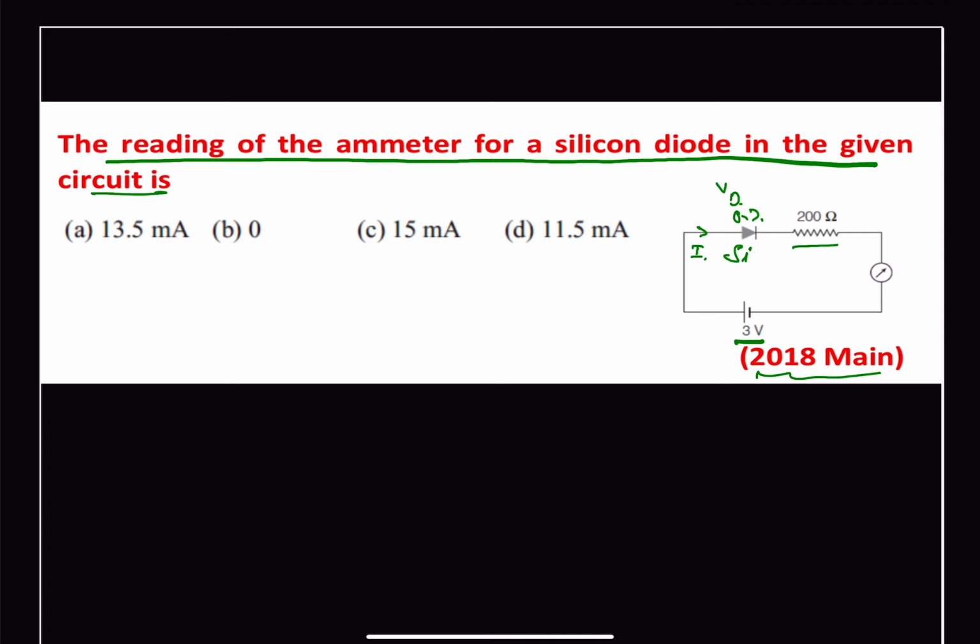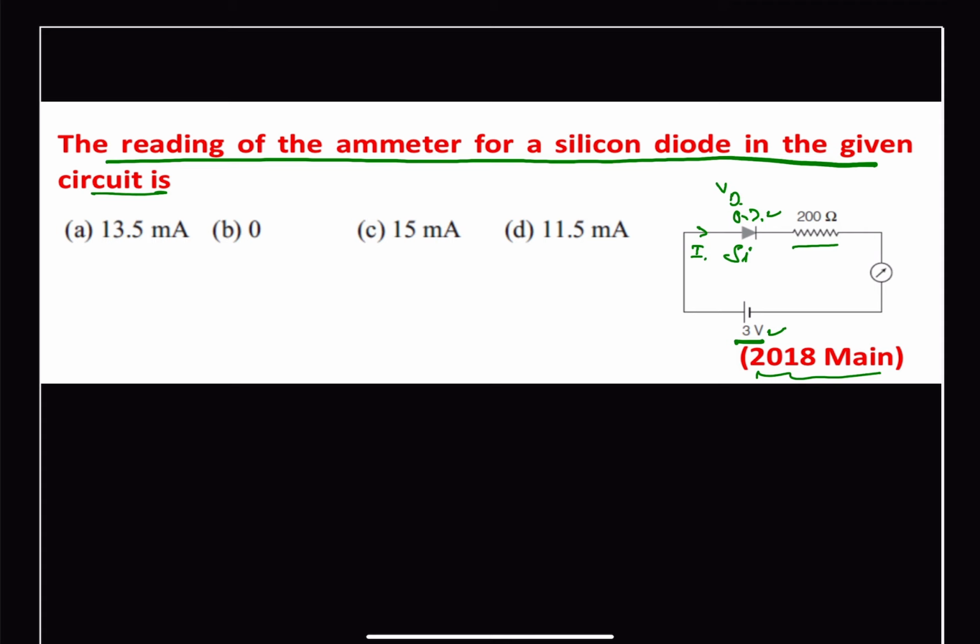So we can just use KVL, or we can just use an equivalent voltage source also. So this is a voltage source of 3 and we have a voltage source of 0.7, and this 0.7 will be opposite to this 3. So we are going to get 3 minus 0.7.